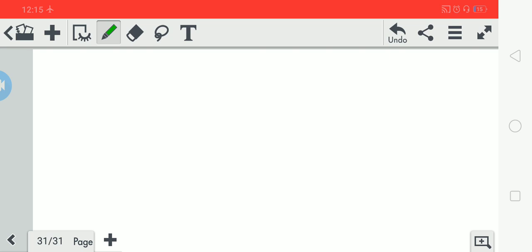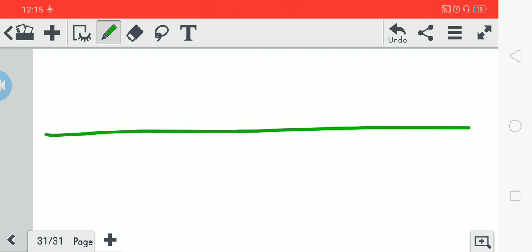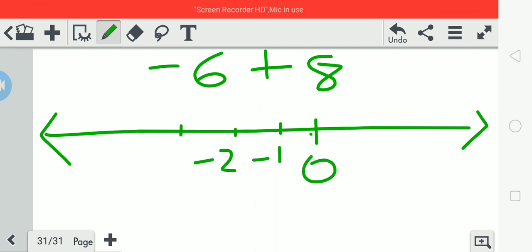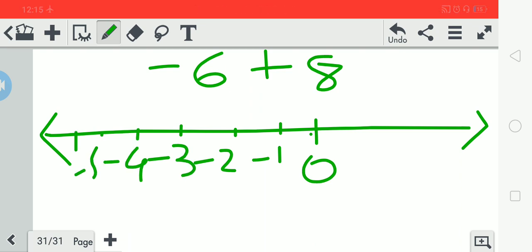Now the third question: minus 6 plus 8, right? Here your first number is minus 6, so minus 6 is necessary. So 0, minus 1, minus 2, minus 3, minus 4, minus 5, and this is minus 6, right?